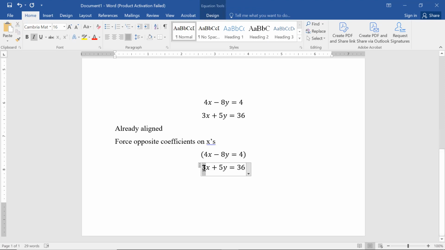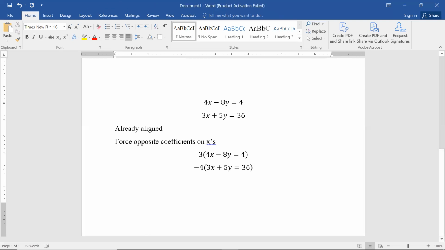You see that the coefficient of the second equation is a 3 on x. So let's write that in front of the first equation. And the coefficient on x of the first equation is a 4. So we're going to write that in front of the second equation. We need to change the sign on one of these. I'll change this 4 to a -4.